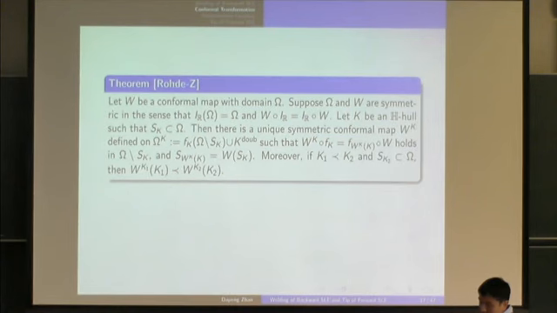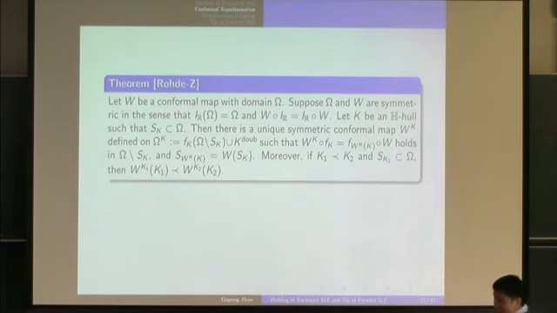Then there is a unique symmetric conformal map W_K defined on Omega_K. Omega_K is defined to be the f_K image of Omega without the support of K, union the K double, so that W_K composed with f_K equals f_{W_K of K} composed with W. And moreover, the support of W_K of K equals the W image of S_K.